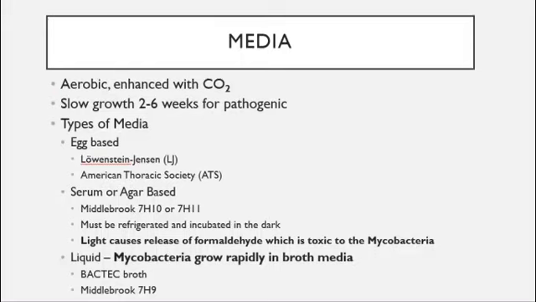We could also use the American Thoracic Society or ATS agar. We could use 3 different types of serum agar-based. We could use the Middlebrook 7H10 or 7H11. There's a couple of varieties. They must be refrigerated and incubated in the dark.